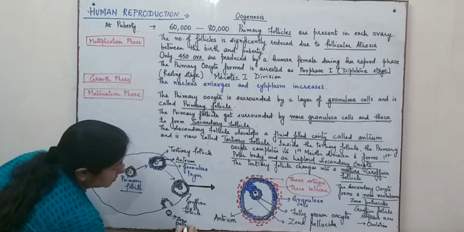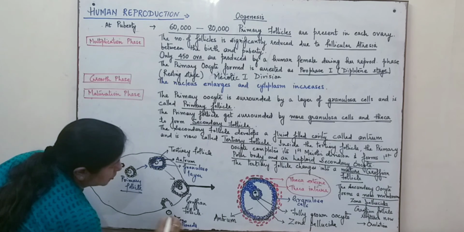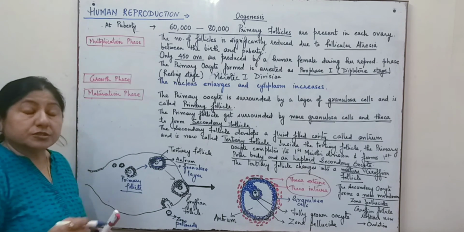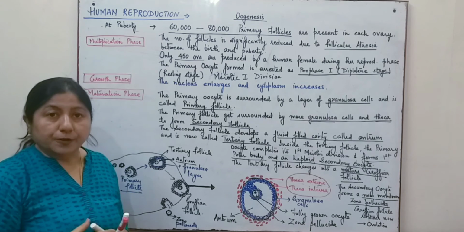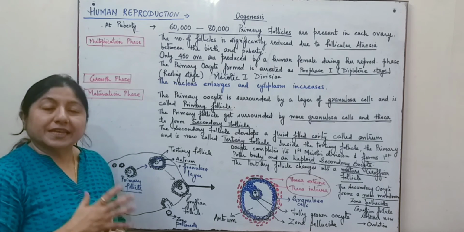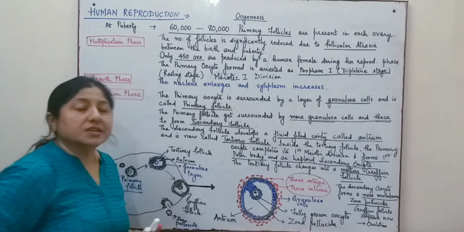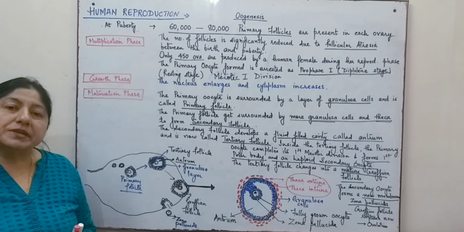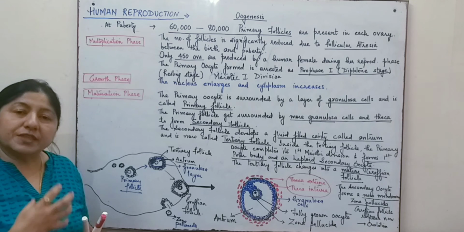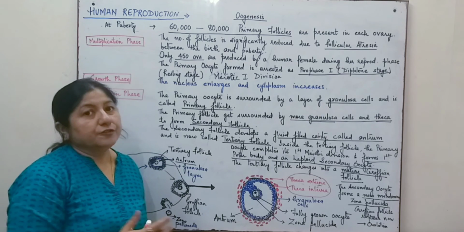The first function of the zona pellucida is to protect the ovum. Also, it helps in species-specific fertilization. That means it allows only the sperm of that particular species to come and fuse.